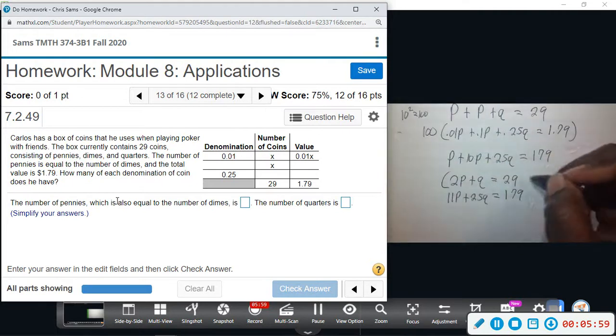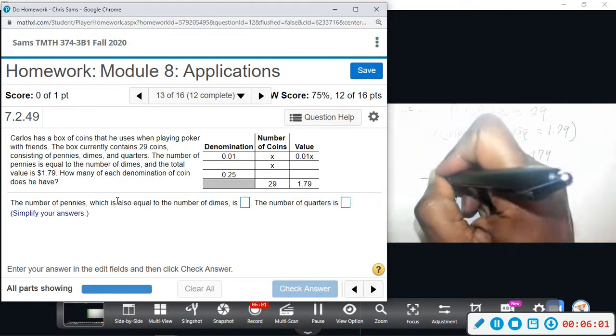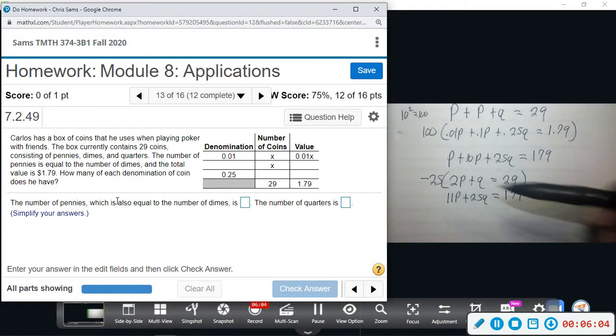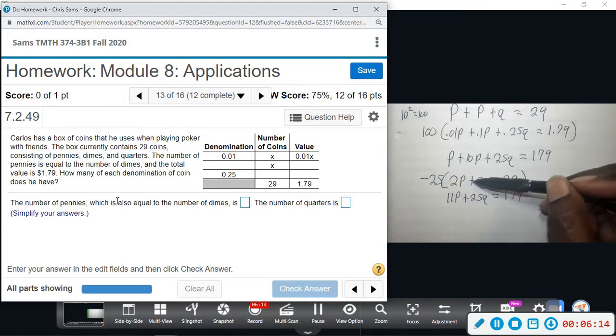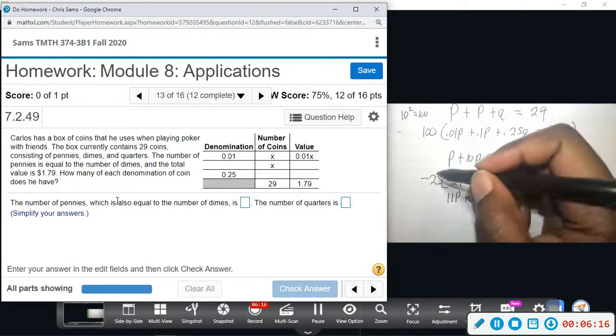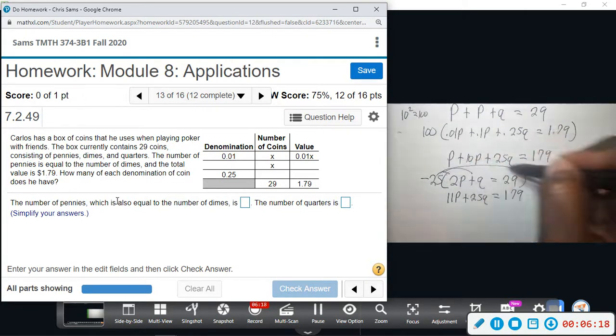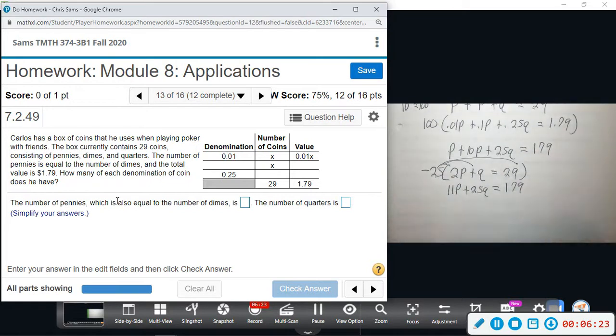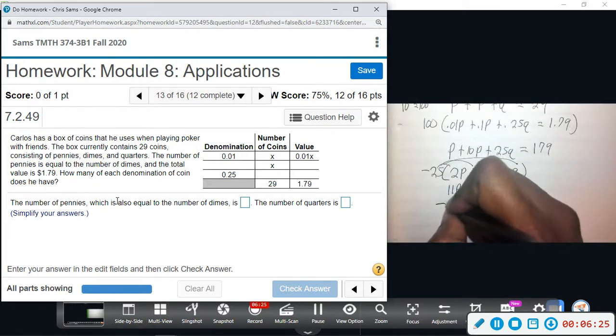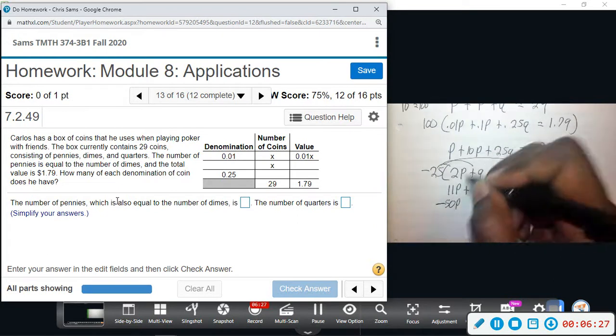We're going to multiply this expression by negative 25. And again, where do we get that from? I want to get rid of Q. It's the easiest one to manipulate. I need the same number, which is 25 times 1, and then I need the opposite sign. So that's positive, I need this to be negative. So we're going to distribute negative 25 to each of these terms. Negative 25 times 2 gives me negative 50P.